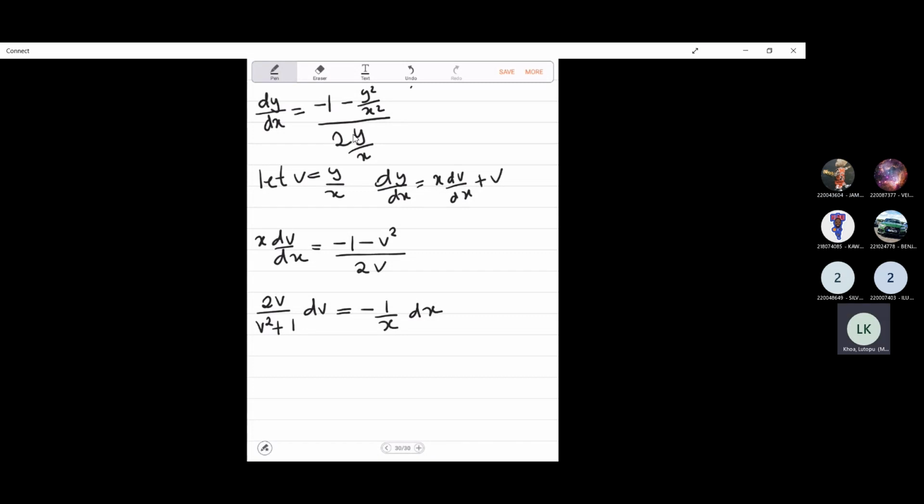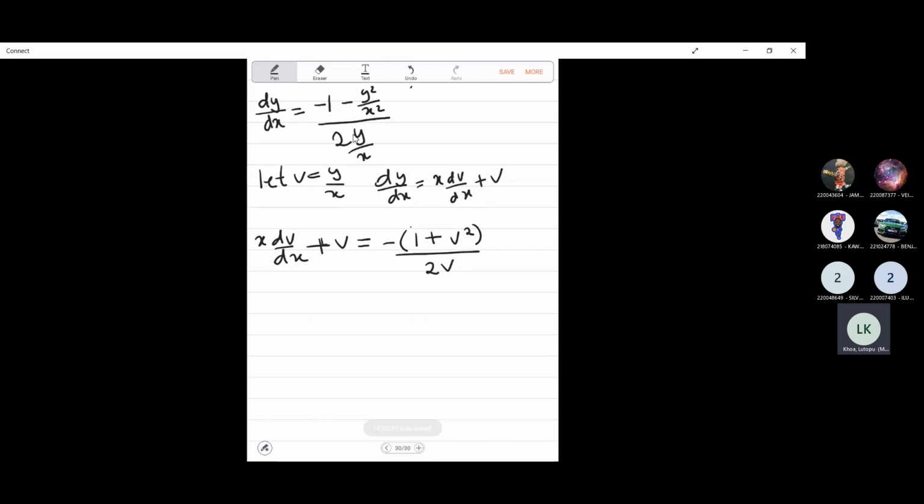Okay, I forgot the v. That's the problem here. Plus v here. This is equal to 1 plus v squared over 2v.